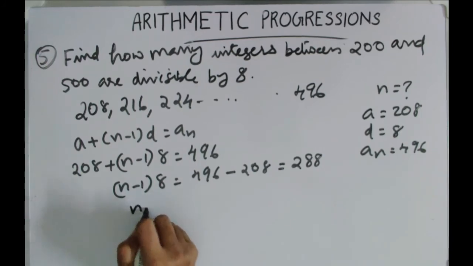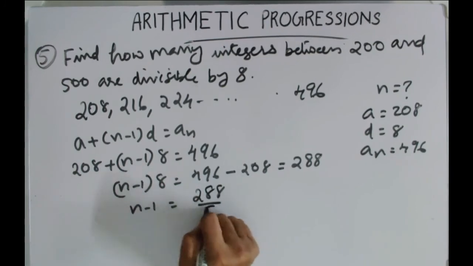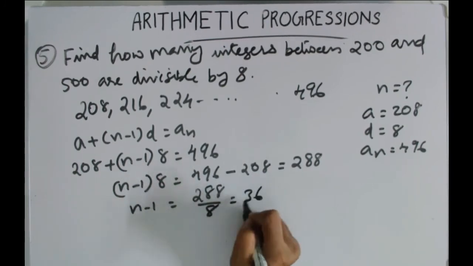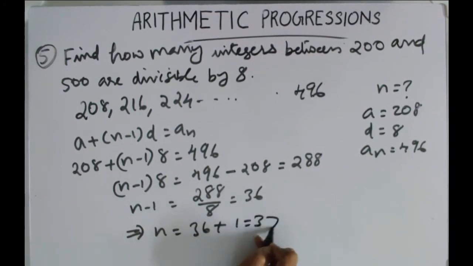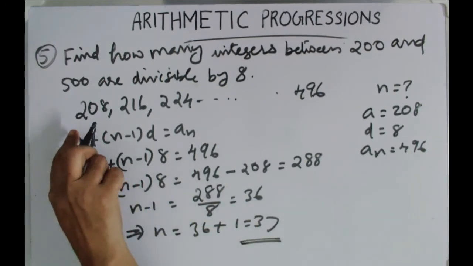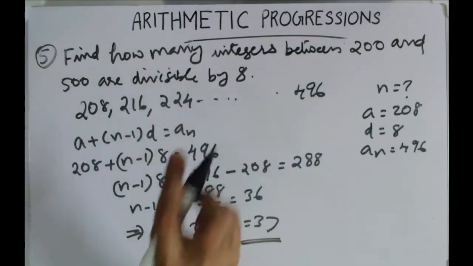Here n minus 1 equals 288 by 8 equals 36. This implies n equals 36 plus 1 equals 37. So there are 37 integers between 200 and 500 which are divisible by 8.